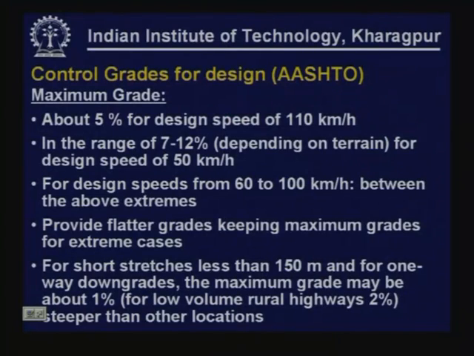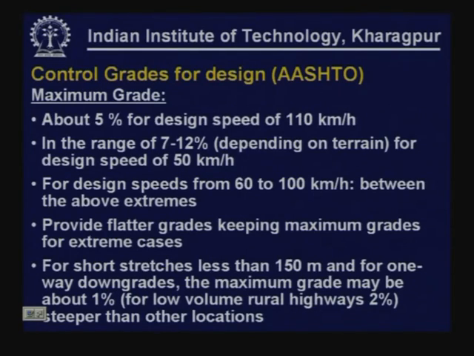About 5% grade is recommended for a design speed of 110 kilometer per hour. So, if the design speed is up to 110 kilometer per hour, 5% grade is acceptable. As the speed is less, obviously steeper gradient can be used.